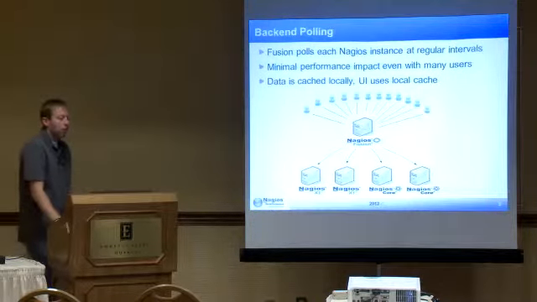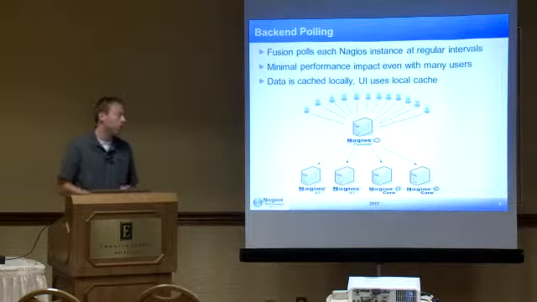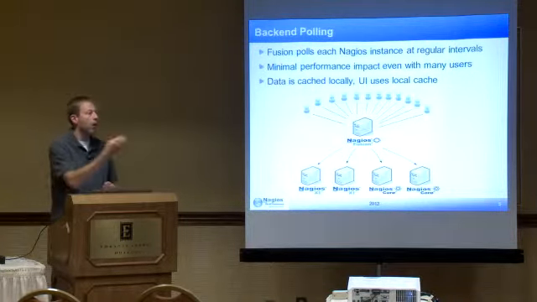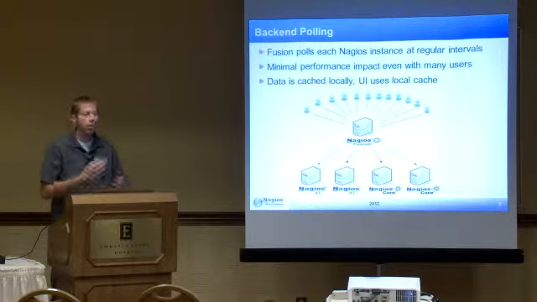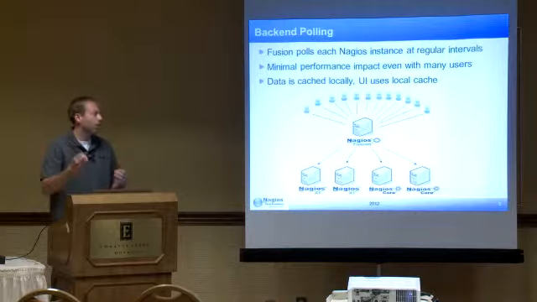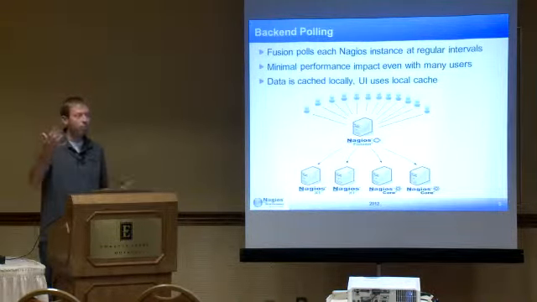A little bit about how Fusion is working in 2012. This is different than the 2010 version. We found the limitation of 2010 was just that it was grabbing data on the fly from each of the servers, and if people had a lot of servers or maybe a proxy they had to go through, some of the load times for the dashlets were sluggish upon the initial page load.